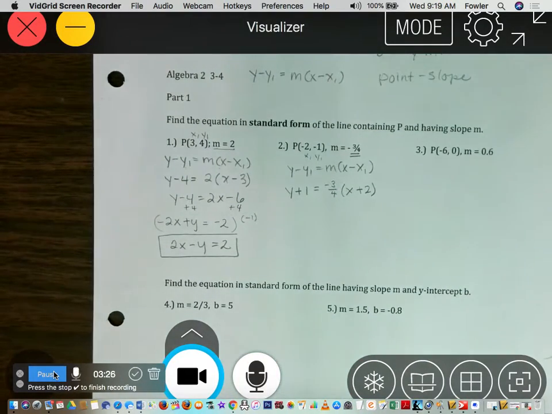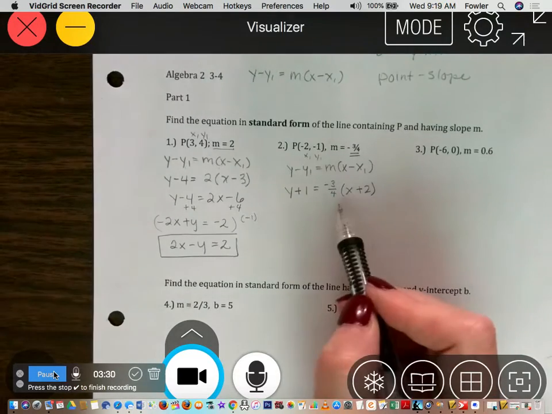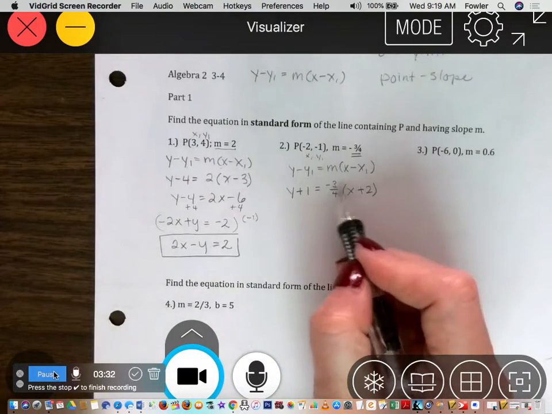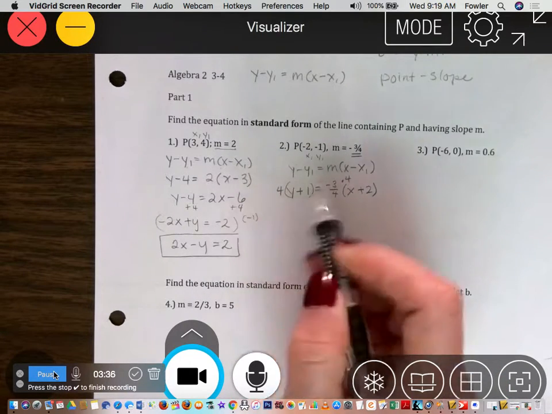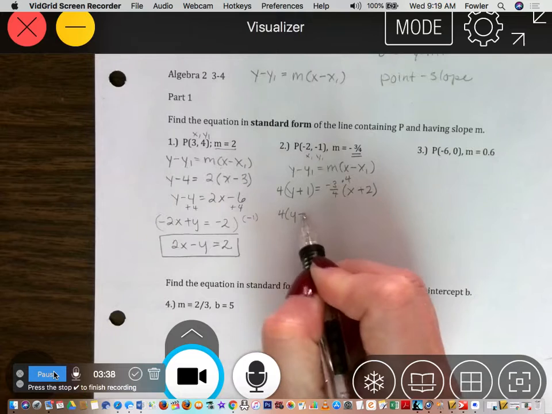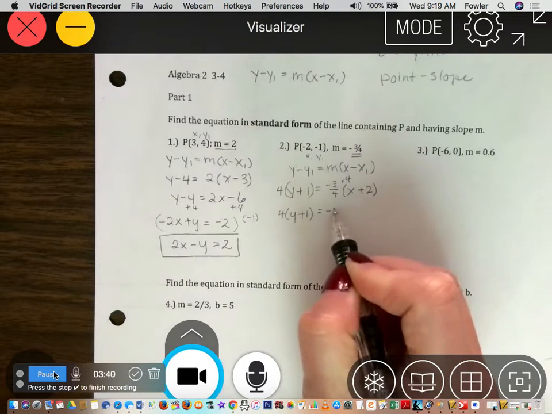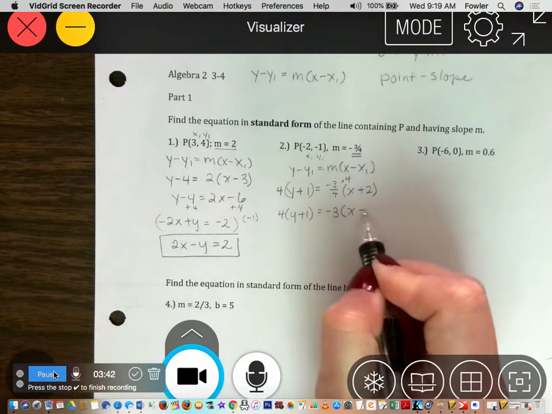And then we just need to get it in standard form. You could go through and distribute the 3/4. I'm just going to go through and multiply each side by 4. So I have 4 times the quantity y plus 1 is equal to -3 times the quantity x plus 2.